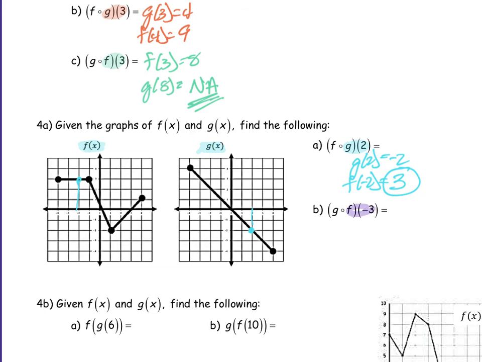If I do the other one, I find f of negative 3 first. So I go to f of negative 3 and go up, and it's at 3. Then I find g of 3, and I go down, and it's at negative 3. Done.